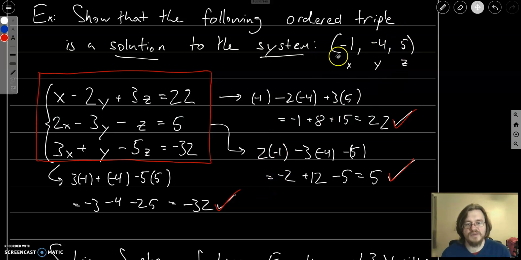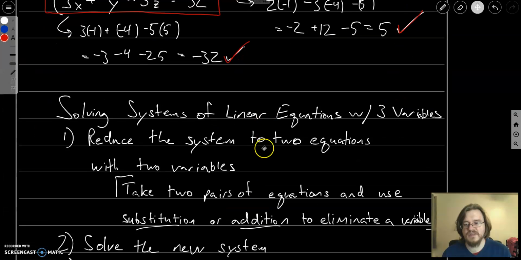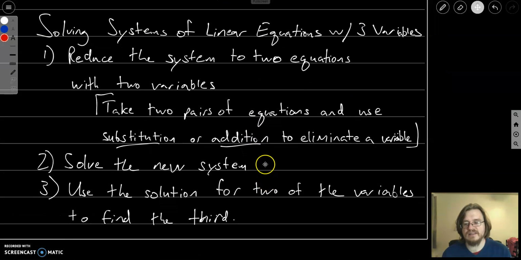So how do you come up with a solution to a system of three equations with three unknowns? Well, it's essentially exactly the same as with a system of two equations with two unknowns. The first step is to eliminate one of the variables, and we eliminate it using substitution or addition, just like we would with two equations and two unknowns.